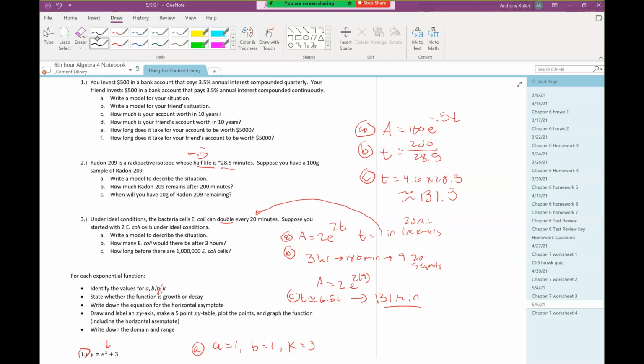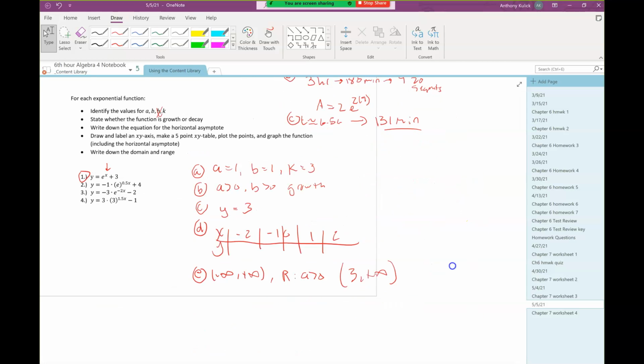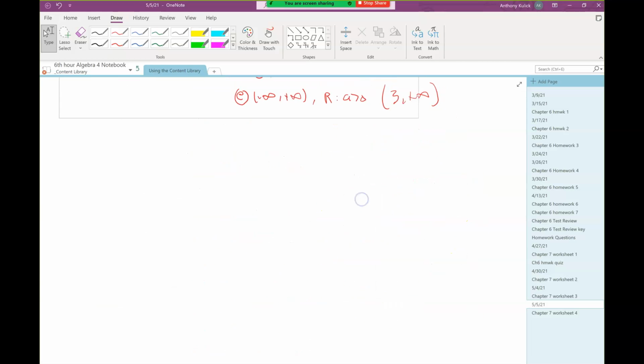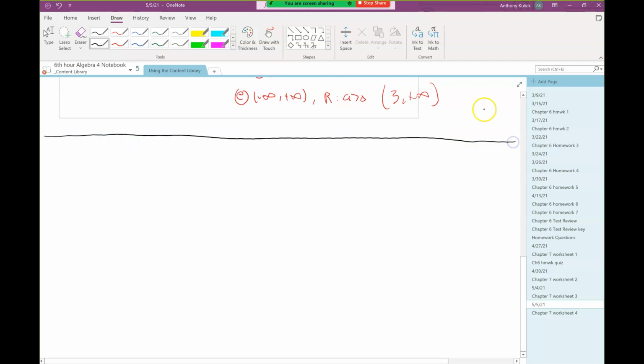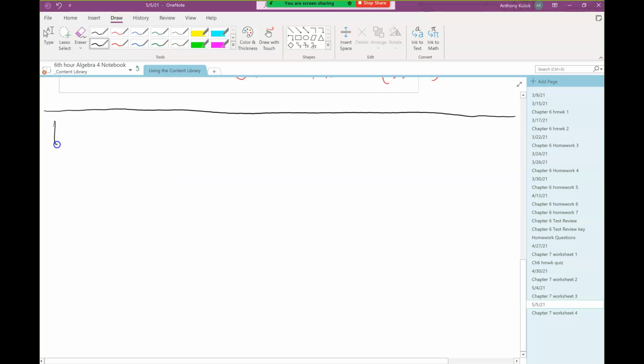So, new stuff for today. Today we're going to introduce the idea of a logarithm.